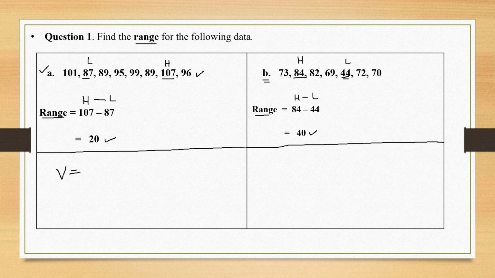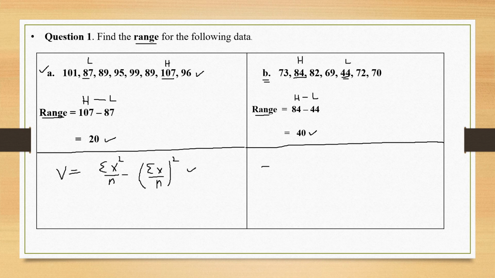The formula we use for variance is the sum of x squared divided by n, minus the sum of x divided by n, whole squared. You have another formula, but we simply use this formula in your course.